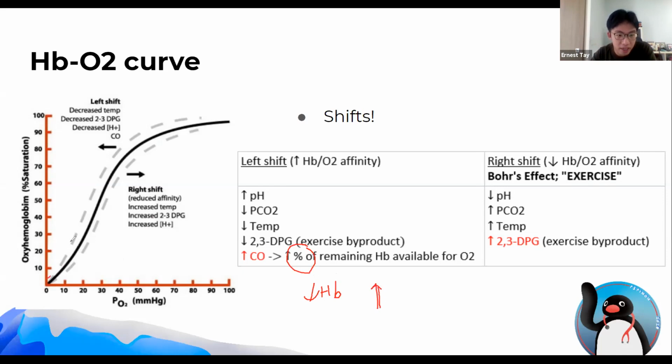Essentially at 40 mmHg, there's a much lesser drop in your hemoglobin saturation. So that's the whole reason behind CO. Okay, next.